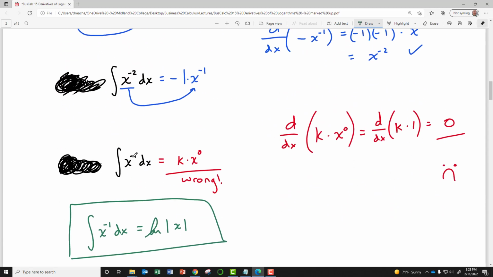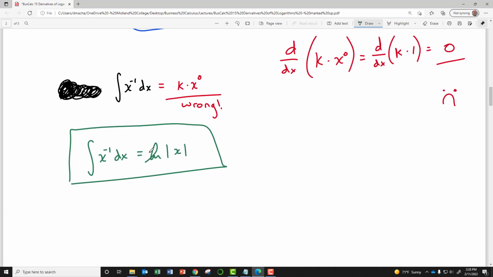And yet here, we're taking the antiderivative of x to an integer power, and what we're getting out is not a constant times x to some integer power. This is really the only place where you take the antiderivative of x to an integer power and don't get back some constant times x to an integer power. So that's the weird part. This is correct but weird.